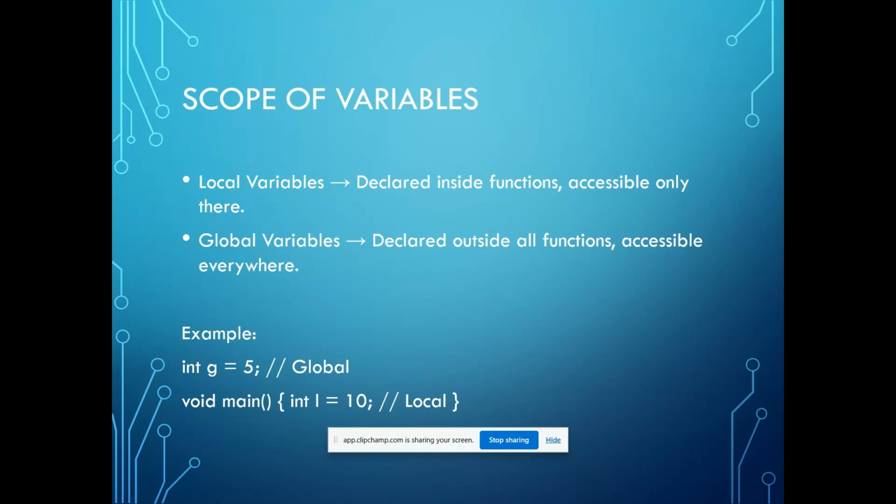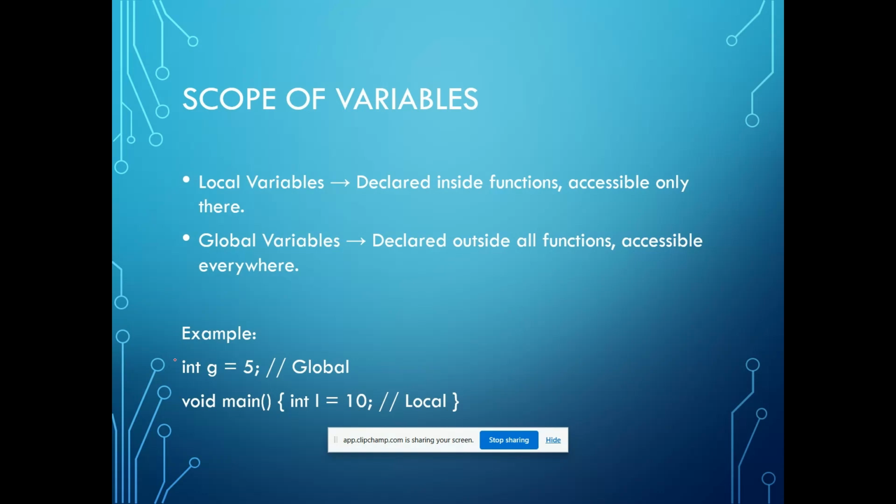It means whenever the function starts, we initialize those local variables inside it, and at the end of the function, they are gone. Global variables live outside all functions. It means they stay until the whole program ends.